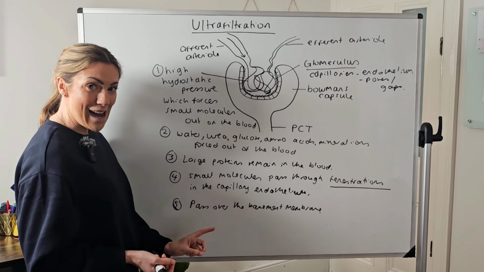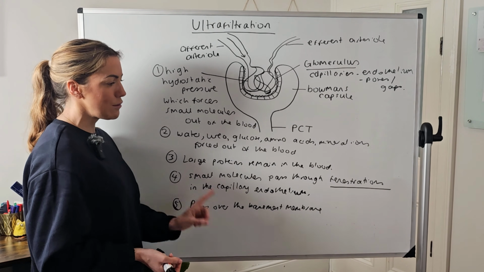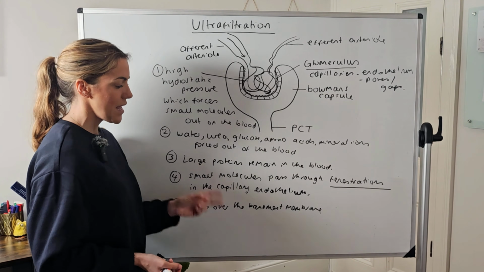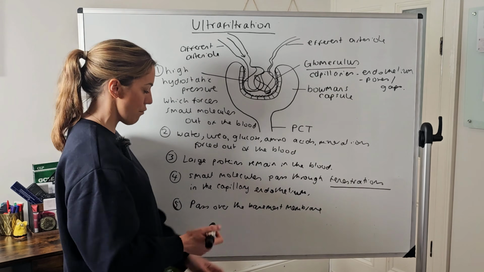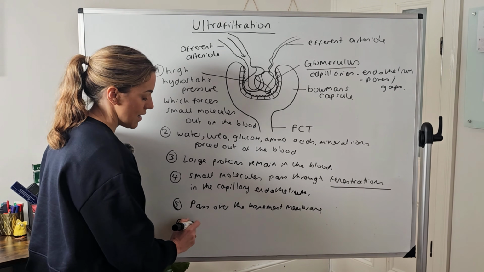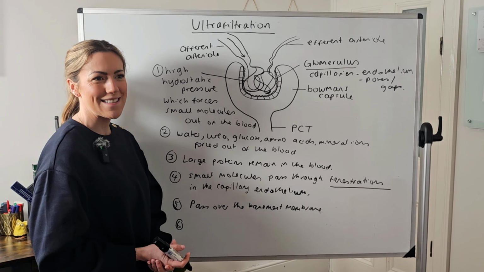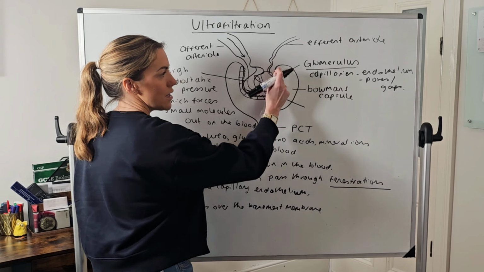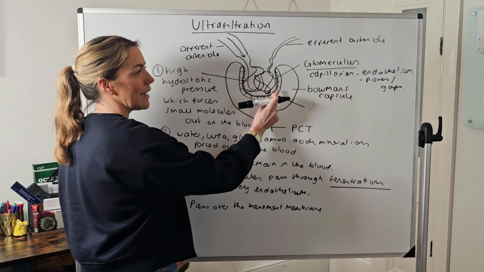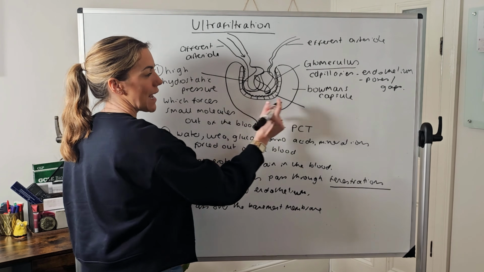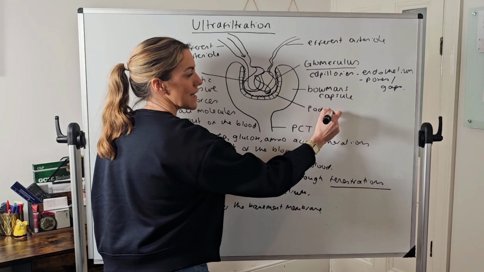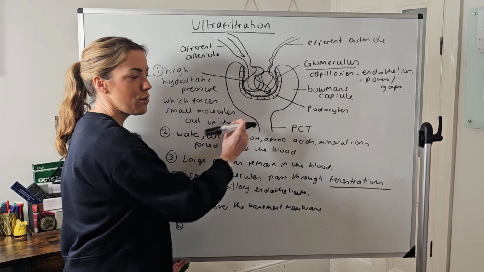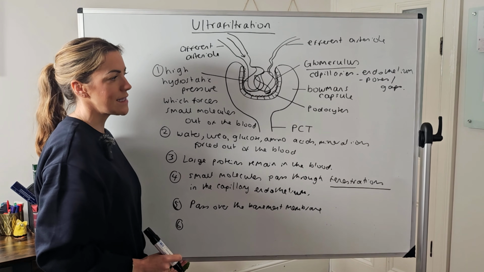Okay, so now we're nearly there. We've got the small molecules, such as urea and glucose, through the gaps in the capillary endothelium. They've also passed through the basement membrane, and then, we don't really need to talk about podocytes. I don't know whether to talk about podocytes, guys. These cells here that form the kind of lining of the Bowman's capsule, they're called podocytes. And they have gaps between them as well to allow those small molecules to pass through into the Bowman's capsule.